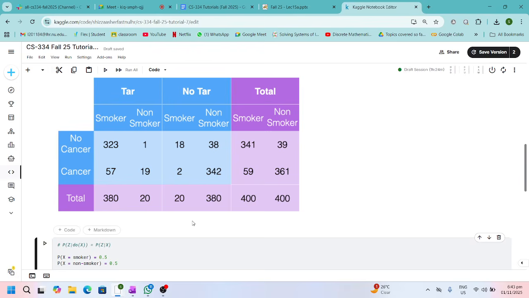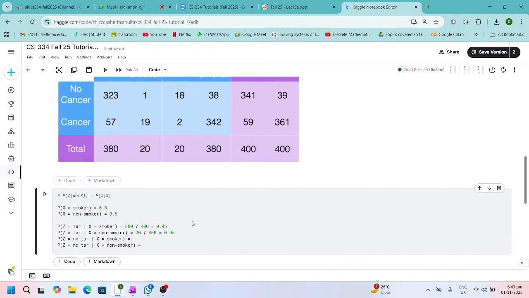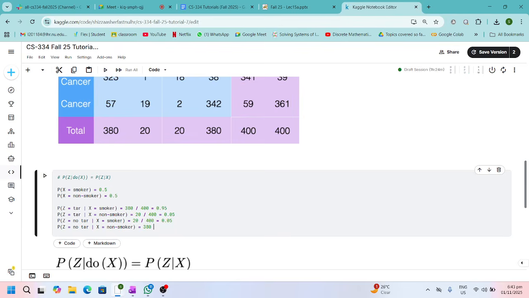So this will be equal to 20 over 400. These numbers are a bit symmetric for this particular example. And then here, of course, we'll have the remaining of this, which is 380, which is again 0.95. So up until now, I believe that we are done.